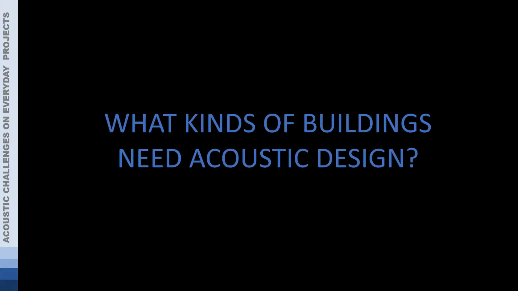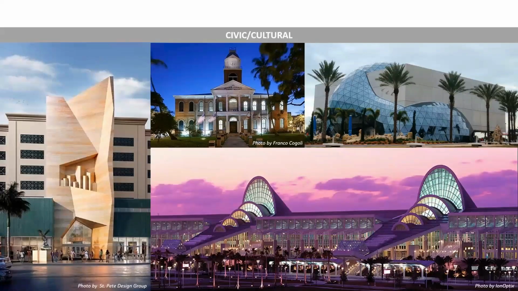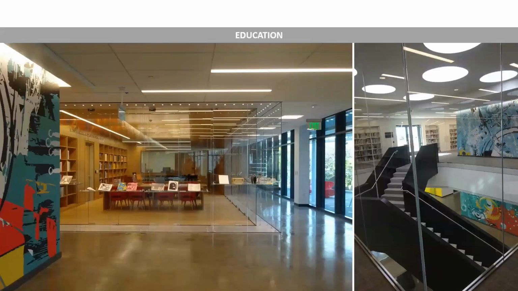So the question is, what kinds of buildings need acoustic design? Well, the answer is all. From airports and aviation facilities, where you may be focused on the large groups of people walking through or the sounds of the planes outside, to civic and cultural facilities where you may want special moments inside a museum, or you have a courthouse or government building that needs a focus on those specific ideas.